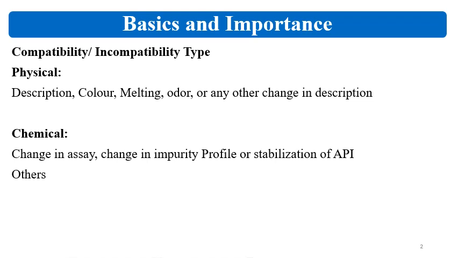Then chemical: change in the assay, change in the impurity profile of the API, increase in any impurity or destabilization of the API, change in the form of the API from crystalline to amorphous, change in the hydrate form, solvent form or pseudopolymorph, formation of adduct. So many things come under chemical stability or compatibility.